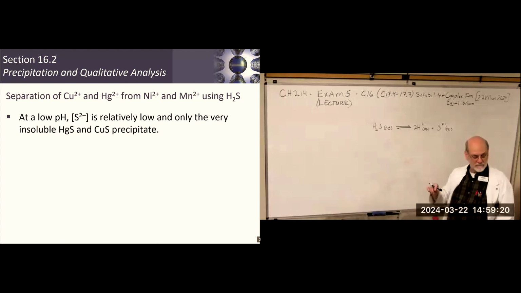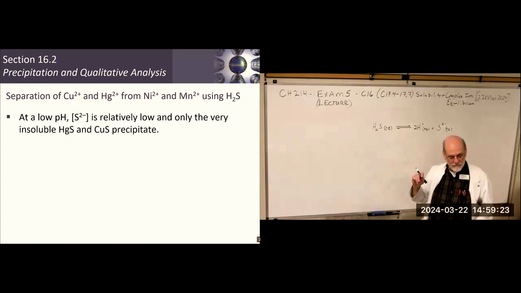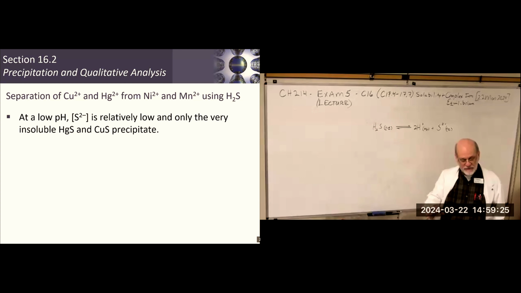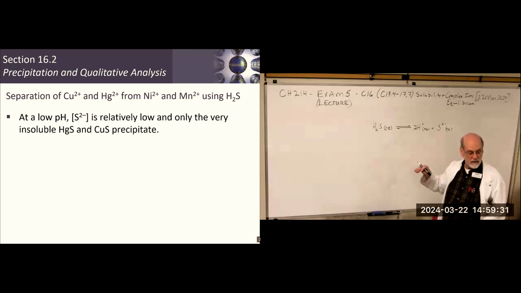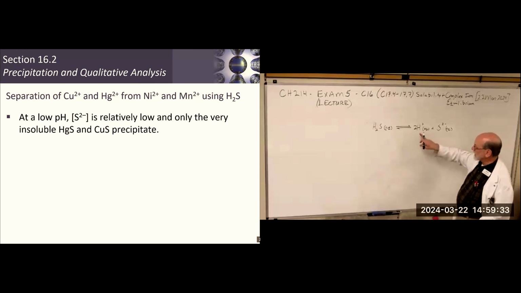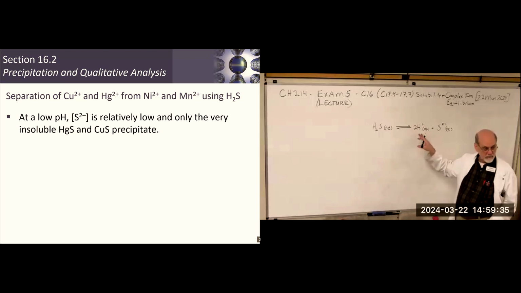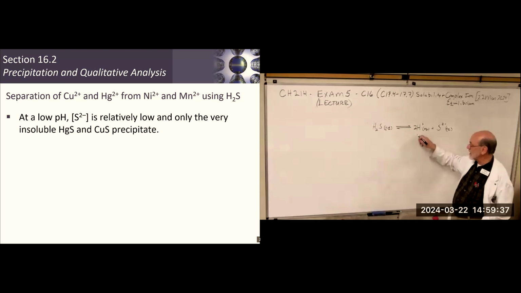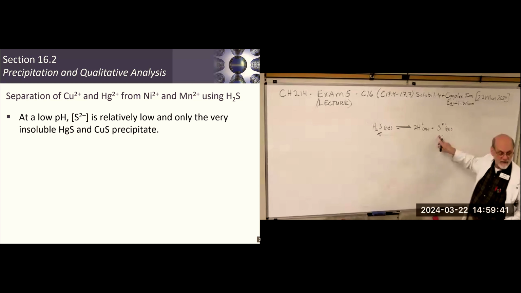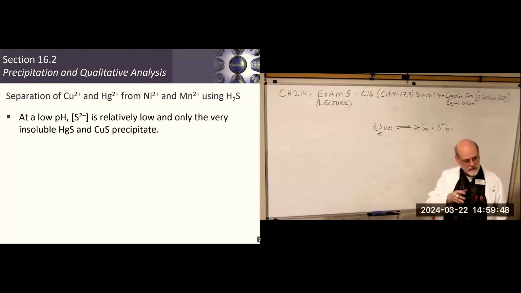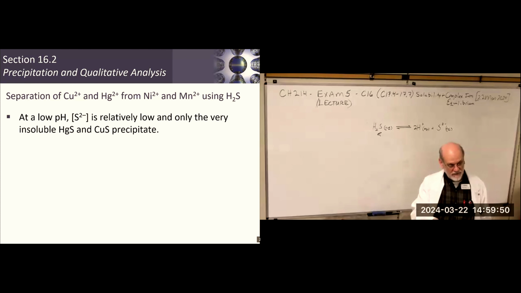Okay. So if we acidify the solution somehow, usually hydrochloric acid will work, then what are you doing? You're adding hydrogen ions to this equilibrium. And if you add hydrogen ions, you're going to shift it back this far, and it's going to use up sulfides. Okay? So if you acidify it, you make the concentration of sulfide very low.